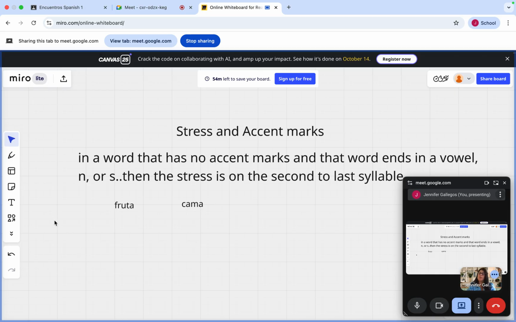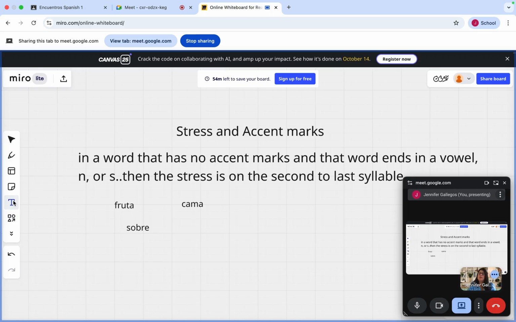Okay? Another word that we have is this. So we know the O sounds like O, the E sounds like E. So the stress is going to go on the O, sobre.